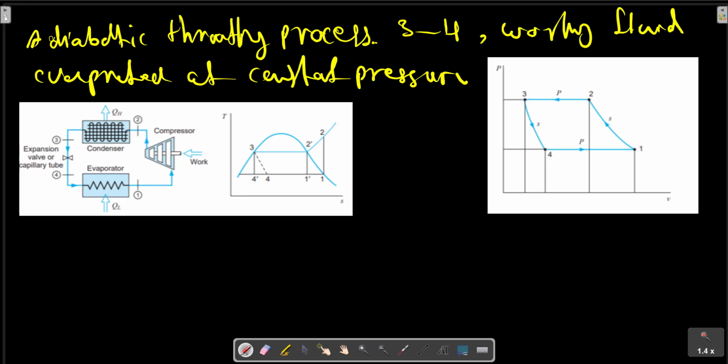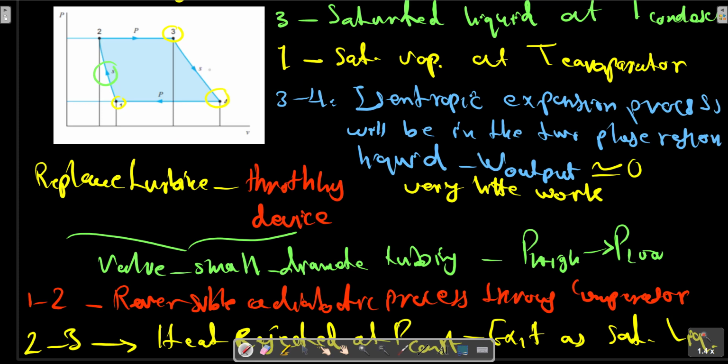In this picture, note the similarity of this cycle to the air refrigeration cycle. In the previous picture, I used the heat pump picture.